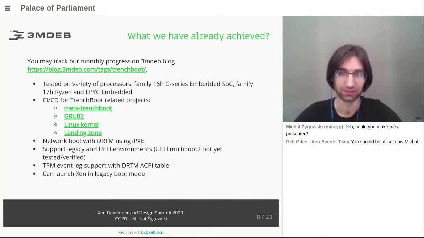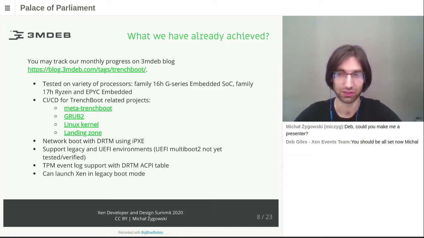So far, we have been able to test AMD DRTM and TrenchBoot on various AMD processors. We have validation of family 16h on G series embedded SoC, and some Ryzen and EPYC processors from the embedded series also. We have set up some continuous integration and continuous deployment for TrenchBoot related projects.